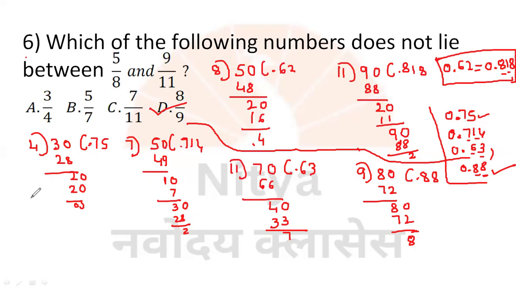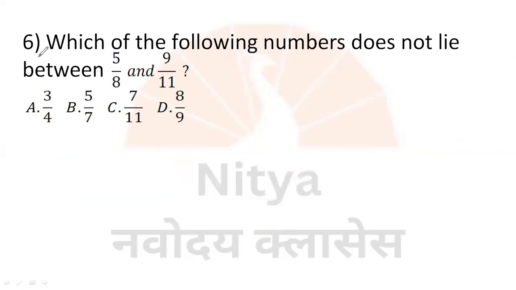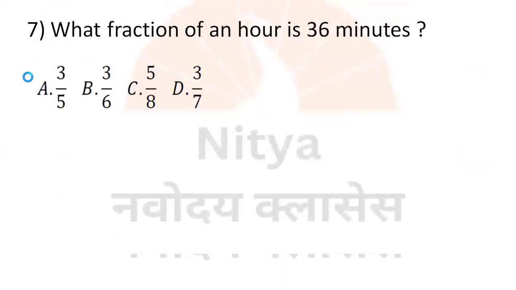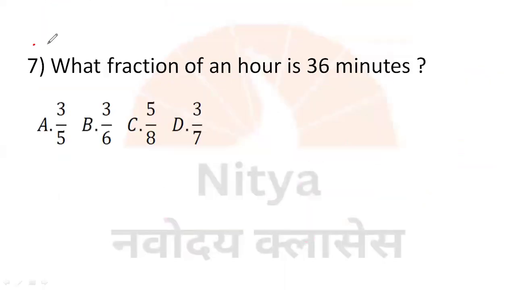Okay, next. What fraction of an hour is 36 minutes? We have to convert minutes into hours. We already know that 1 hour is equal to 60 minutes, and 1 minute is equal to 1 by 60 hour. So we have to convert 36 minutes into hours.